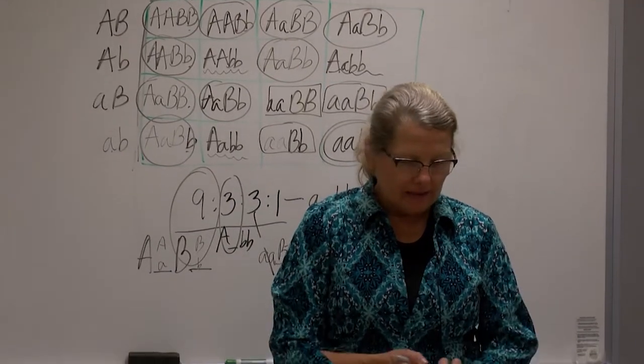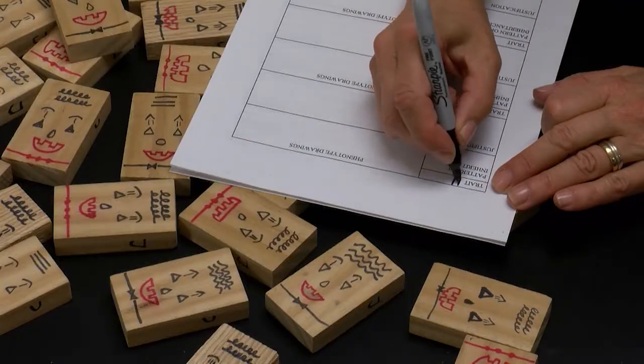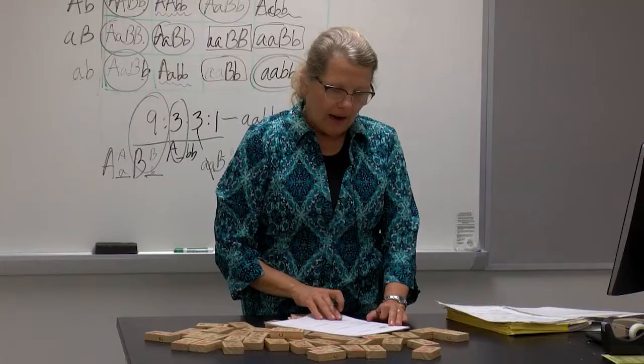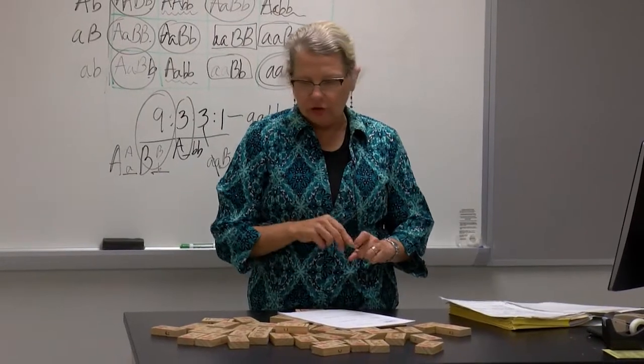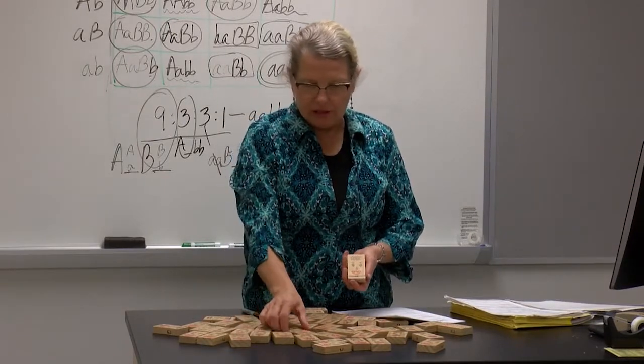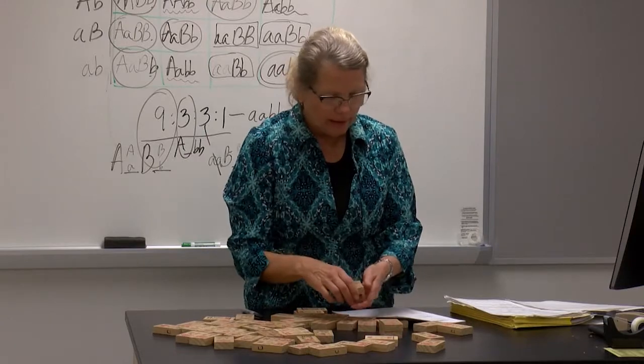And let's start out with hair. Okay, so we're going to look at hair. And what we have to do is find all the different combinations of hair. So we have to put all the bald people in one pile.